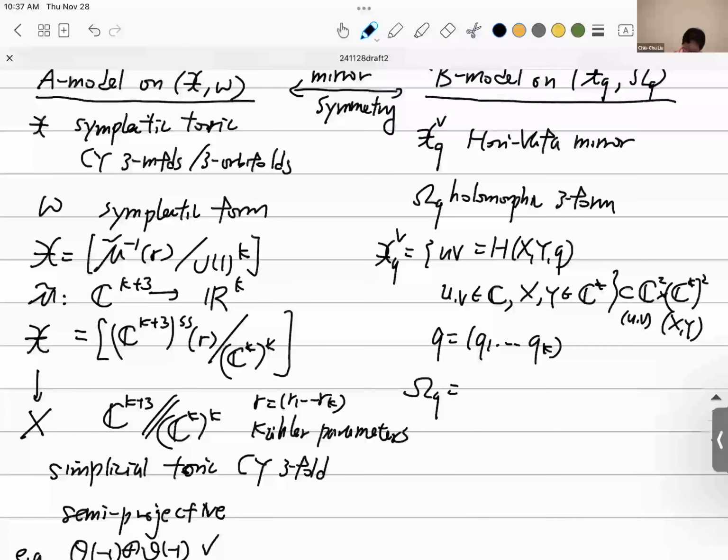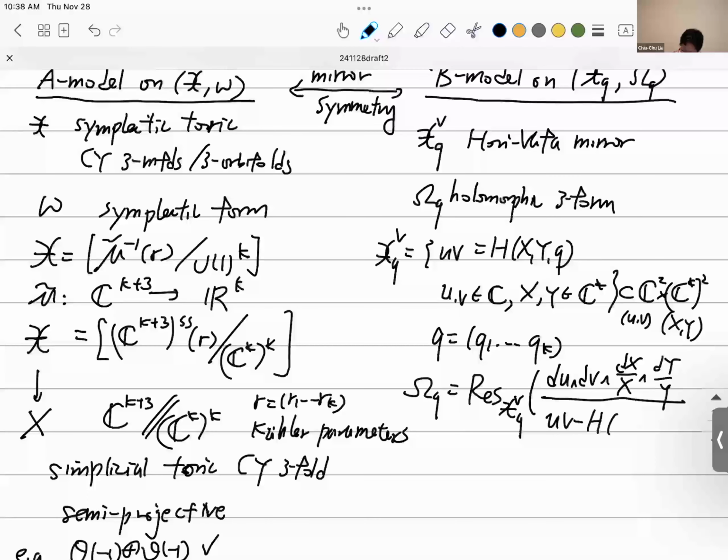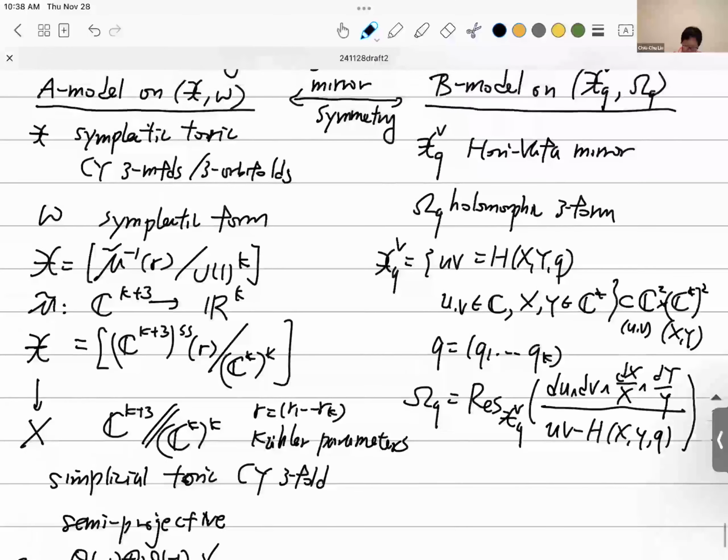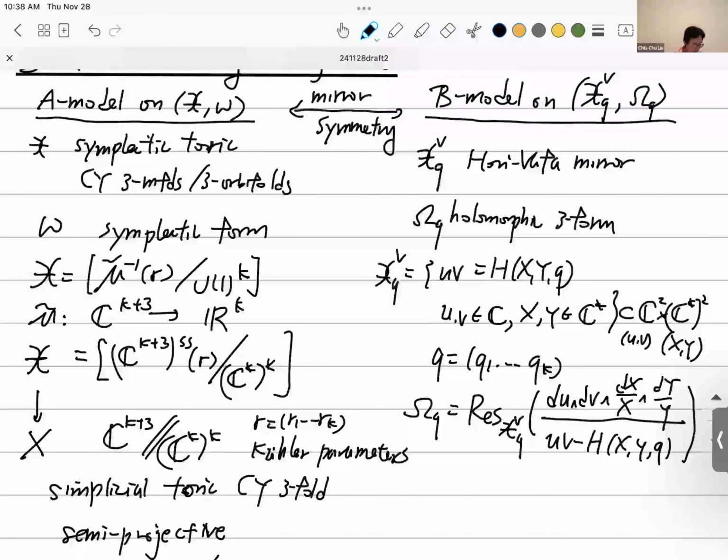And omega_q is given by this: you take the residue along this hypersurface of the standard holomorphic form on C^2 times (C^*)^2. So that's the holomorphic 3-form. So this is the B model geometry.